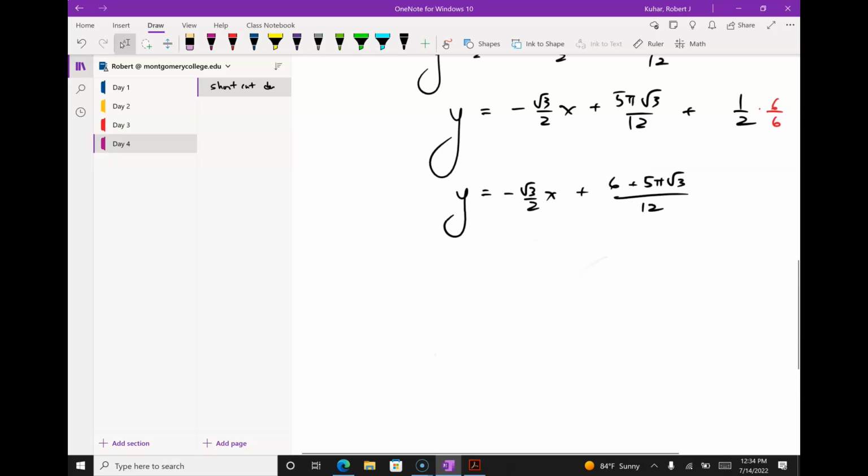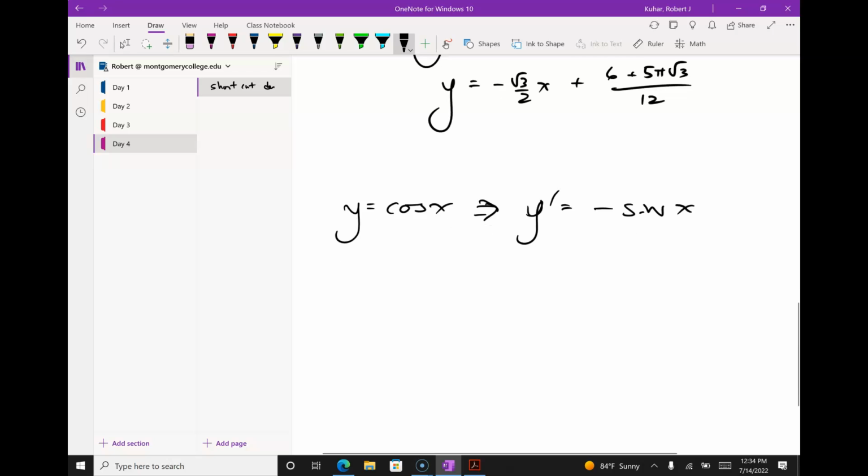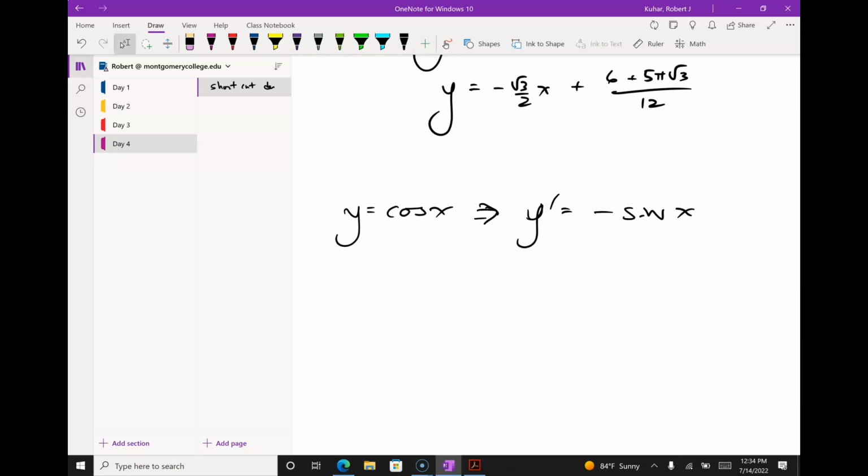If y equals cos of x, what is y prime? Yep, negative sine of x. So let's do a cosine at minus pi over 2.